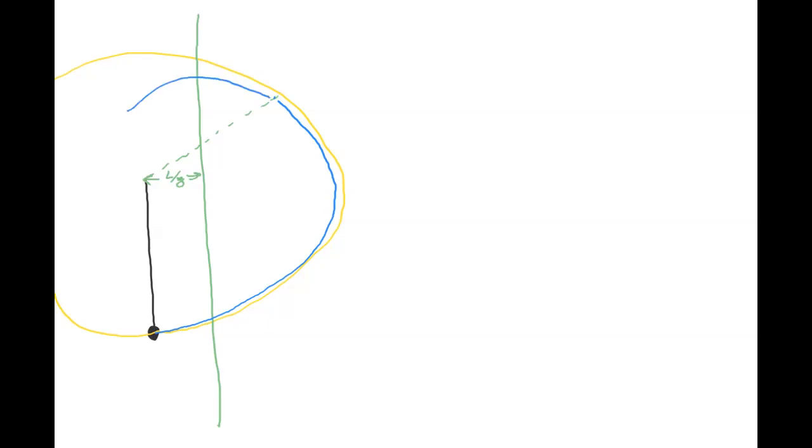So the only way that the velocity of the particle will be horizontal while crossing the line is that this must be the highest point of the projectile.